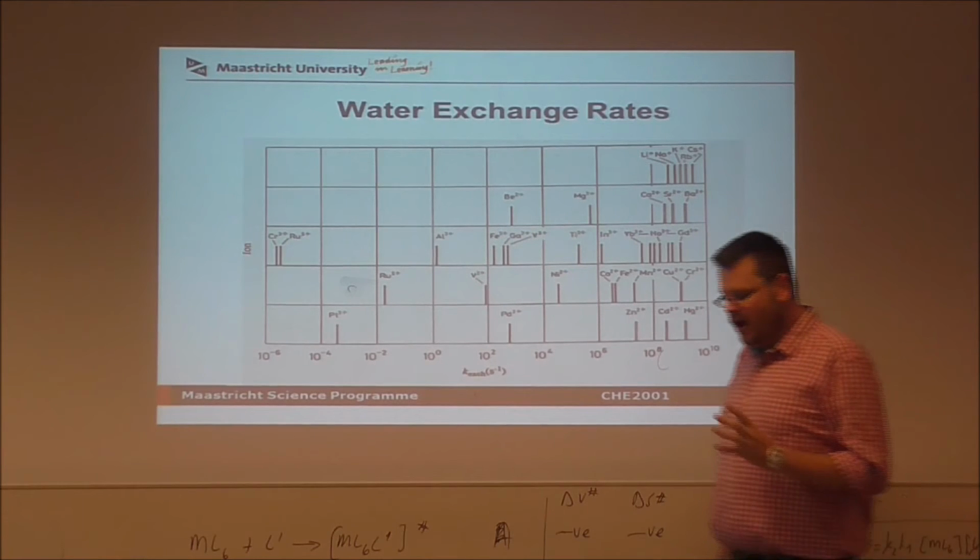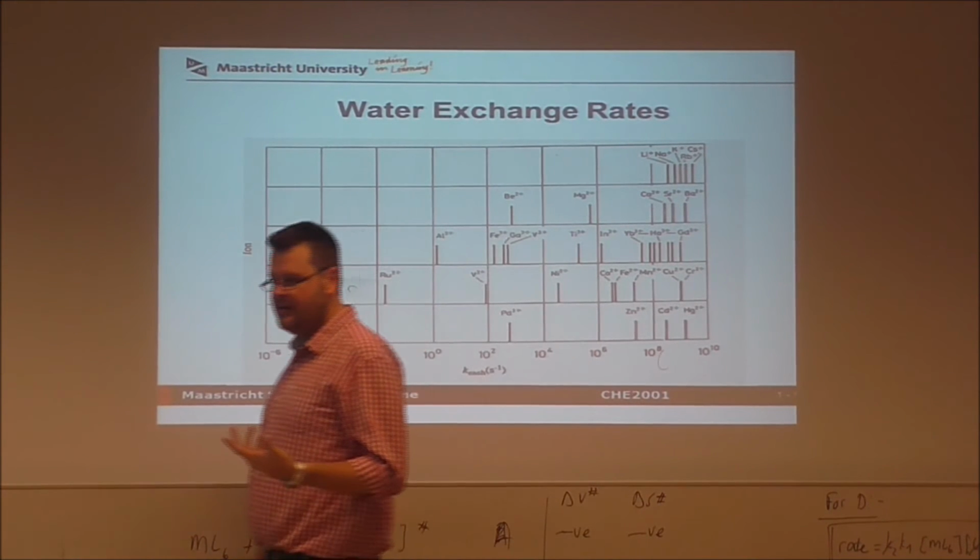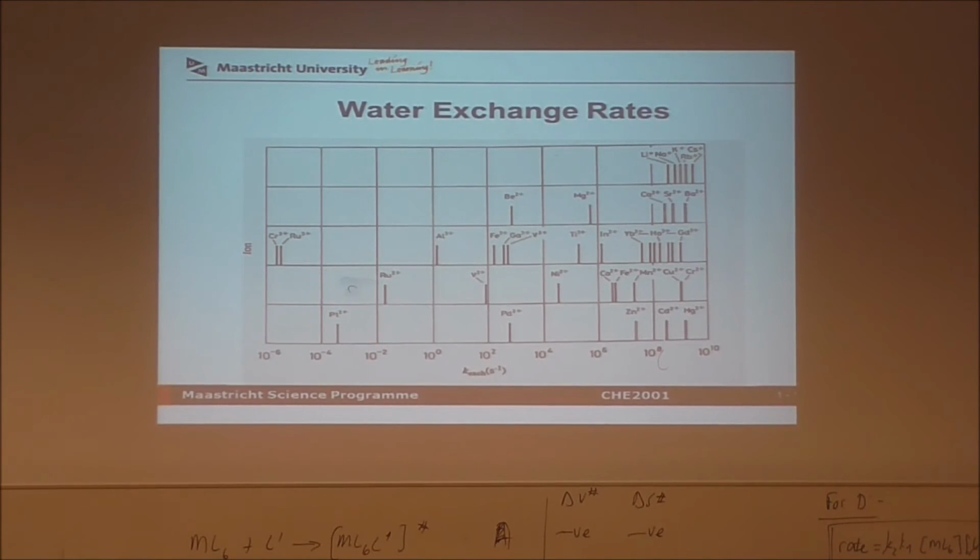Some of them are what we call labile, meaning that they react very fast, kinetically, and some are inert. So, for example, these are inert, and these are extremely labile. Look at that rate constant there.